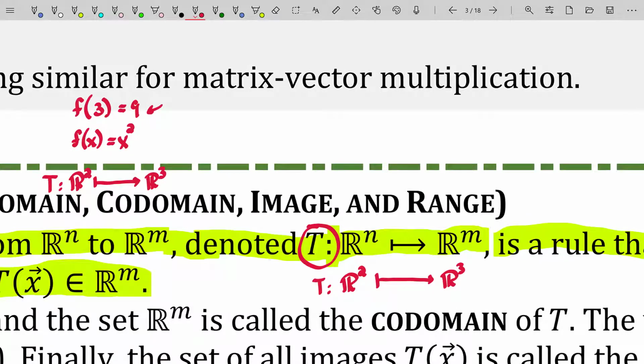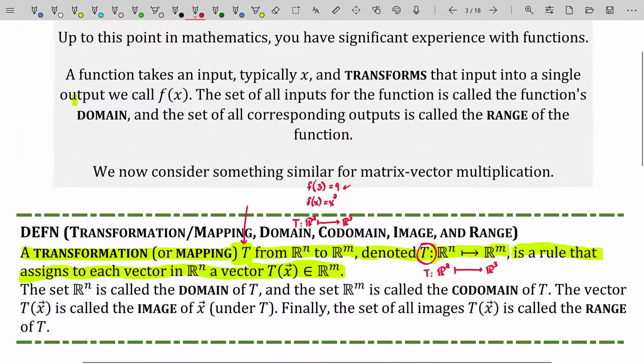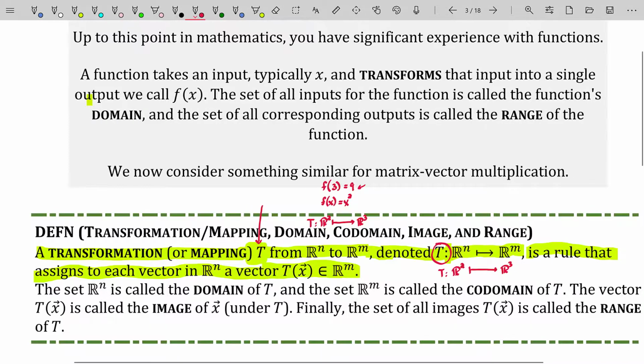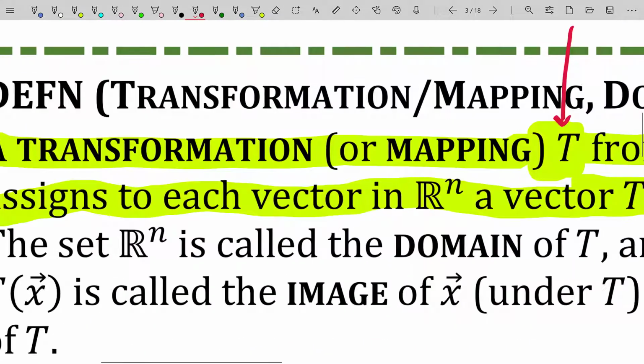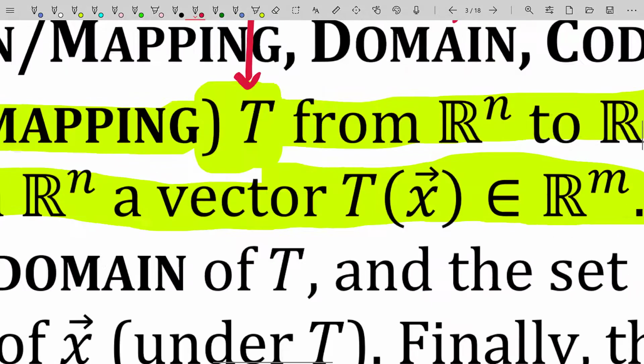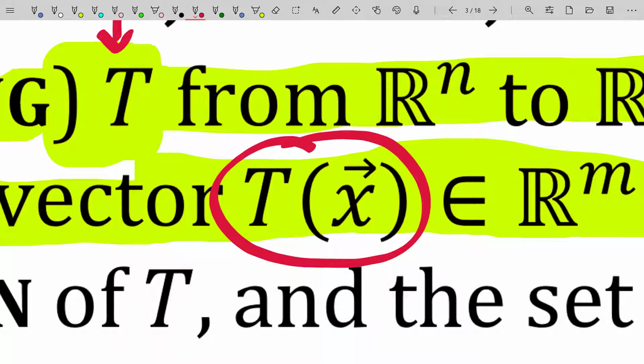That's actually more common. And then the rest of the highlighting here is very, very similar to the definition of a function. That mapping is a rule that assigns to each vector in your space Rn a corresponding vector, which we shall call T of x, just like for each input x for a function, there's an output f of x.